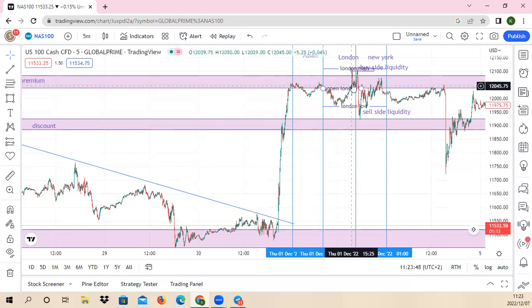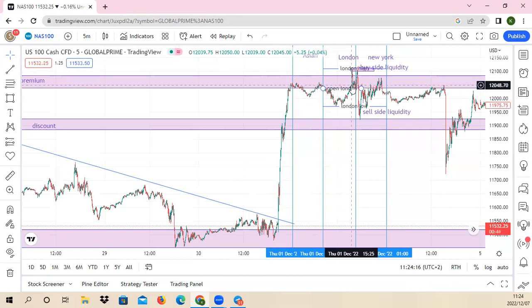So from this point, it would have been wise to catch it on either the London or the New York. To be honest, the New York session would have been the best to catch it, because we had already seen it grab that, so you set your order block by that liquidity that the London market left. I would have set my order by that high which the London would have left.